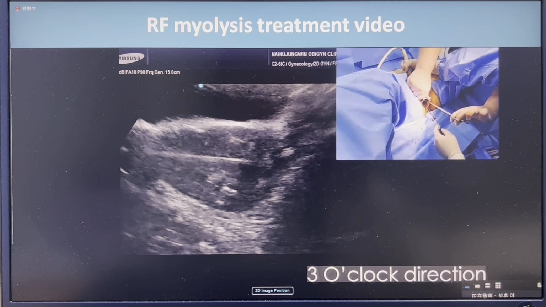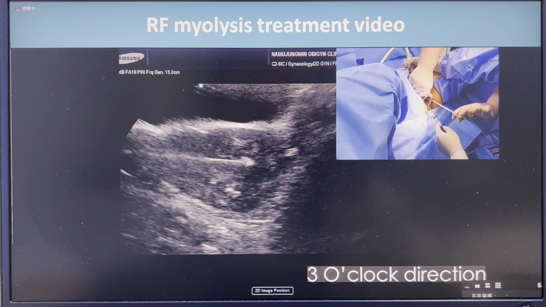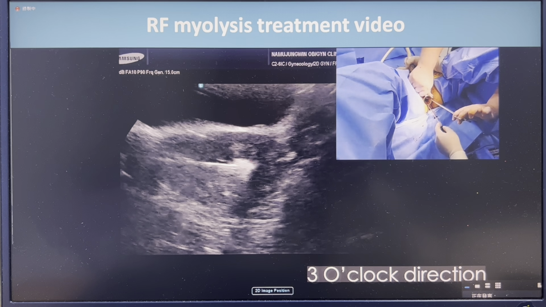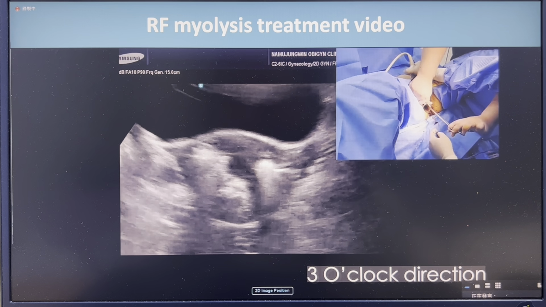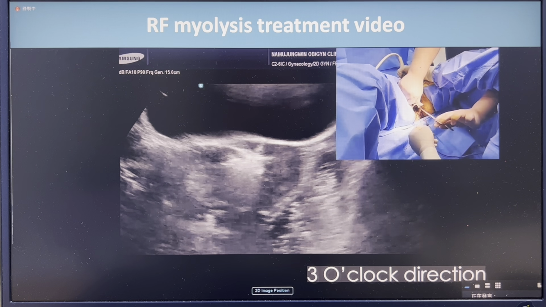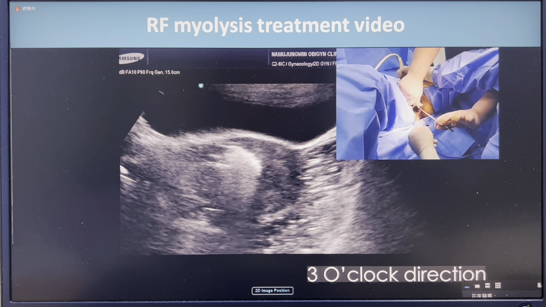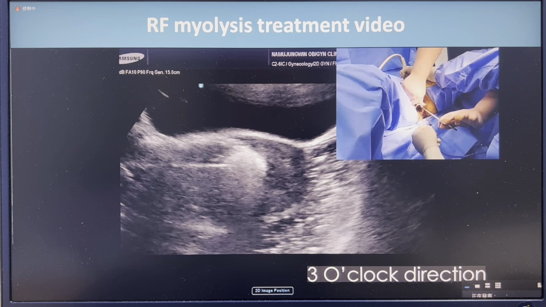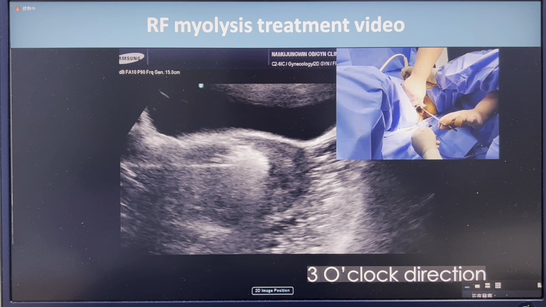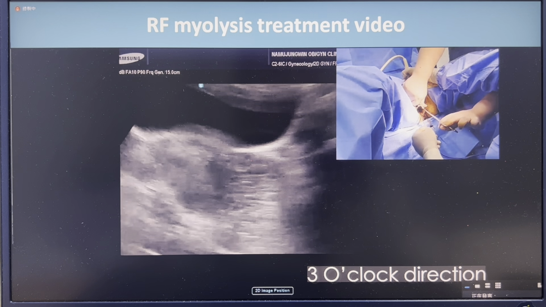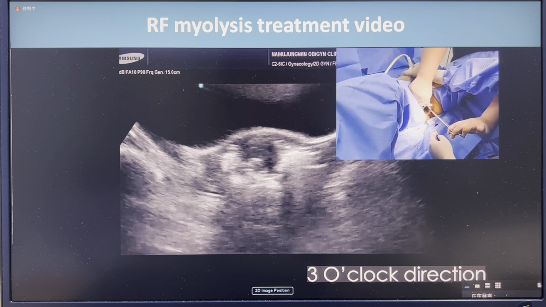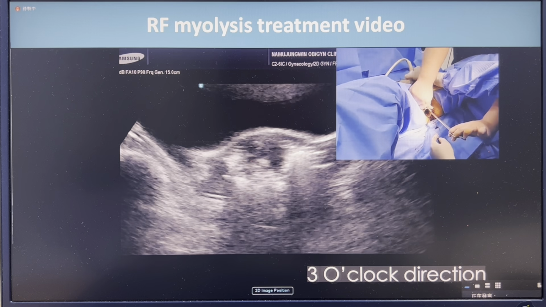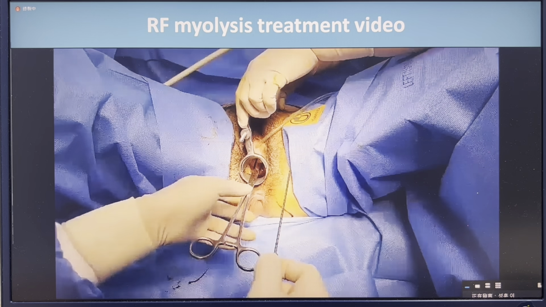And start the ablation. And next at 12 o'clock direction.